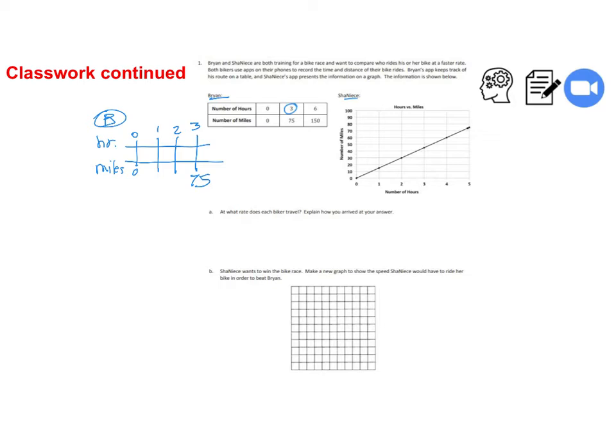I'm thinking about quarters: 3 and 75 is 25. So 1 is 25 miles, 2 is 50, and 3 is 75. So here I'm going to say Brian is 25 miles per hour.